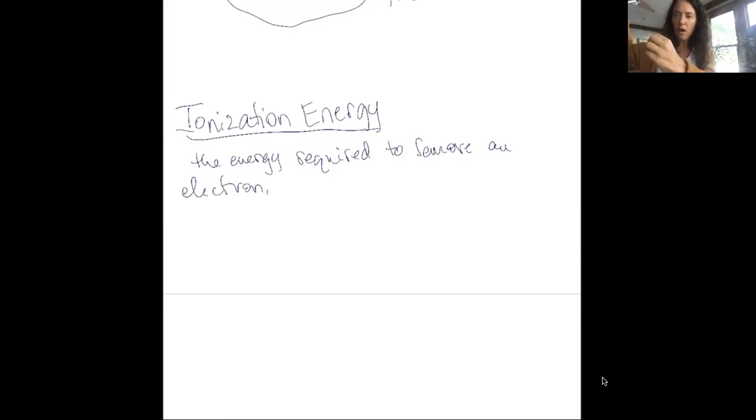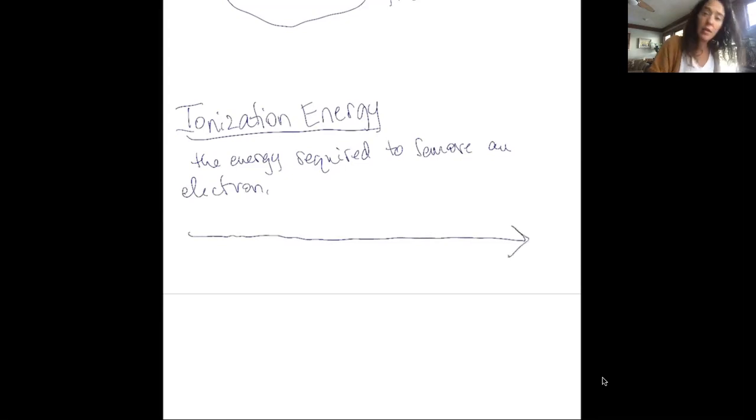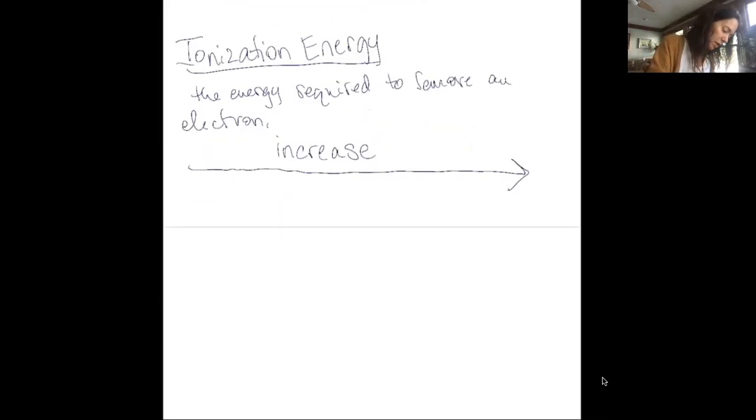Otherwise, the electron would fly off, but it stays on the atom because it's attracted to that nucleus. As we go across a period on the periodic table, we see an increase in the energy required to take an electron off of an atom. As we move down a group, we have a decrease in the amount of energy required to remove an electron from an atom.